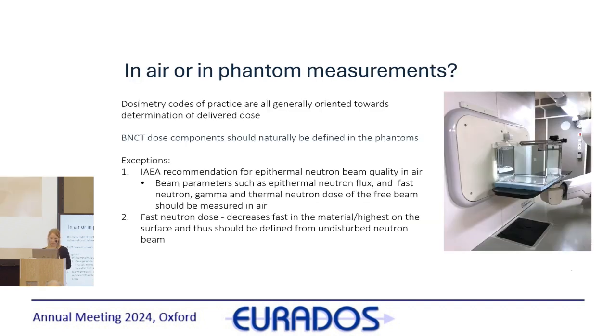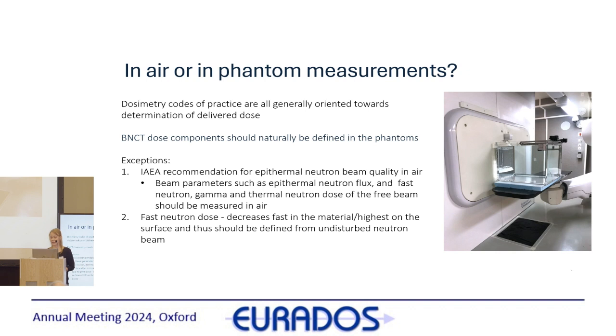So one question, should we measure in air or in phantom? As we know, in clinical dosimetry nowadays, delivered dose should be defined in the phantom, and we think that also in BNCT, we should naturally define BNCT dose components in the phantoms. However, there are some exceptions.